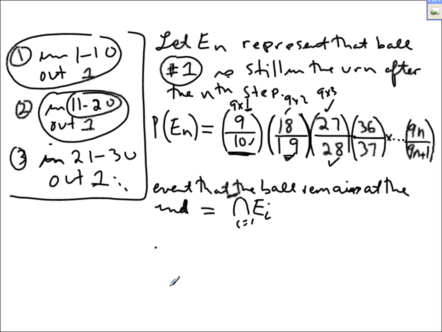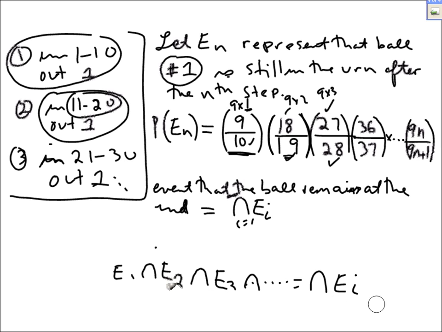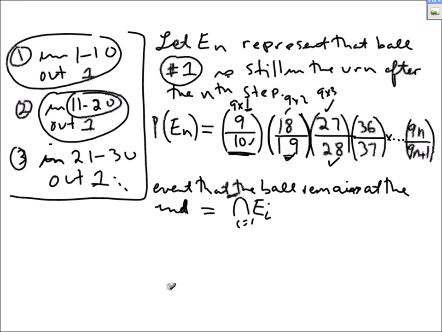If it remains at the end, then it has to be in E1, because E1 says it's there after the first step. And it also has to be there after the second step. And it also has to be there after the third step. And this goes on and on forever. And shorthand notation is that this is just the intersection of the Ei's. So the intersection of the Ei's is the probability that it is there at the end.